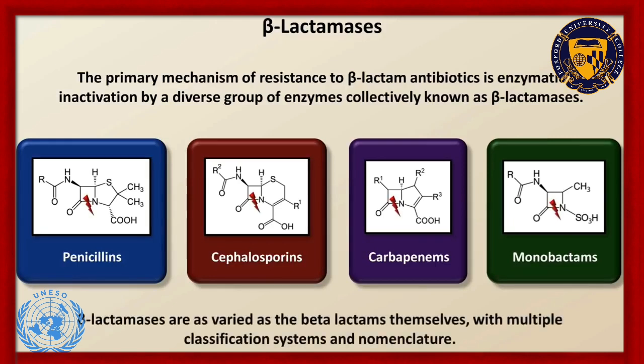Beta-lactamases are as varied as the beta-lactams themselves, with multiple classification systems and nomenclature. Some are called cephalosporinases if they are active against the cephalosporins. There are also carbapenemases, active against carbapenems. These frustrating enzymes are continuing to co-evolve, so to speak, with our increased armamentarium of beta-lactam antibiotics.